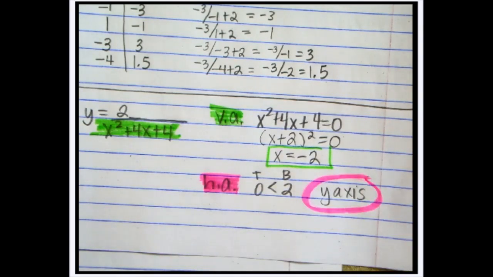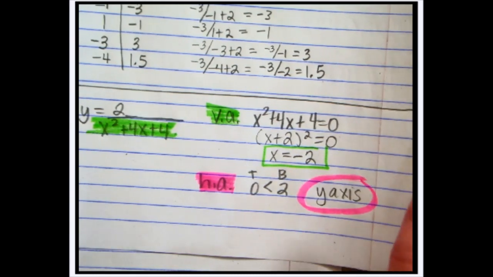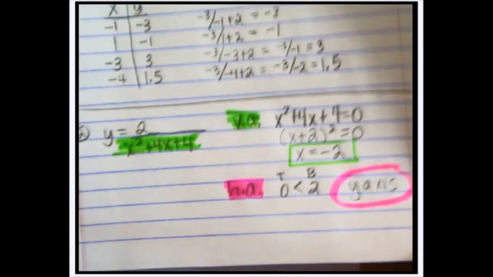So let's go ahead and start our sketch. And again, this is what I would want to see on a test. Okay, this is definitely your asymptotes to start with. Okay, so let's go ahead and just draw a sketch there.